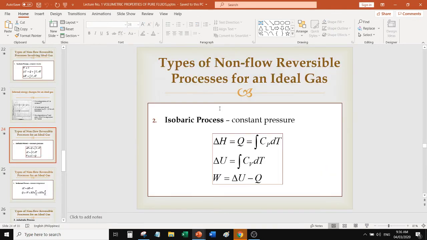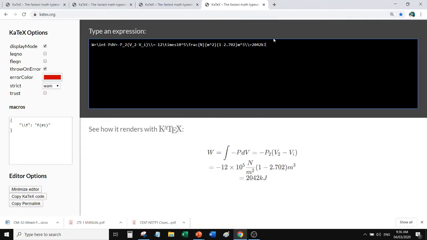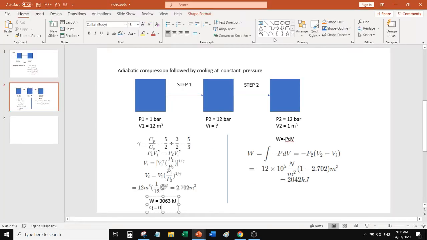It's delta U minus W. Okay, and delta U is 0. So that means Q is... no, we don't know. We don't know yet Q for step 2.